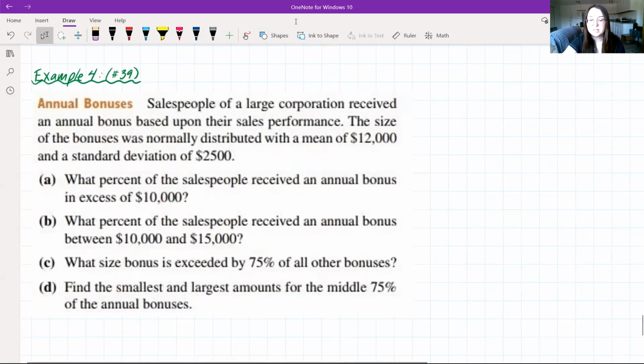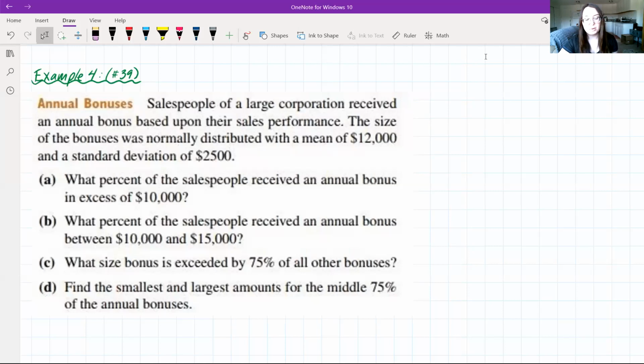All right, now on to example 4. Example 4 talks about annual bonuses. Salespeople of a large corporation received an annual bonus based upon their sales performance. The size of the bonuses was normally distributed with a mean of $12,000 and a standard deviation of $2,500. For part A, we want to find what percent of the salespeople received an annual bonus in excess of $10,000.